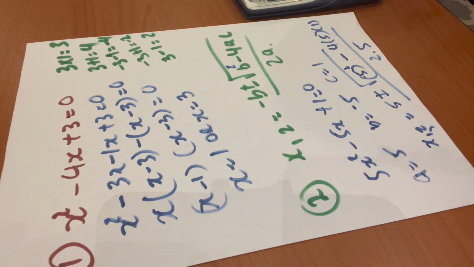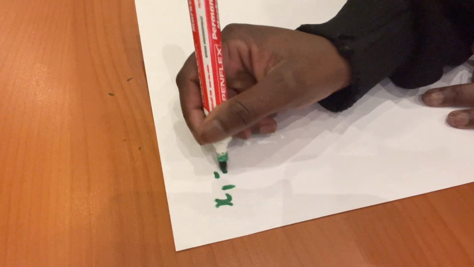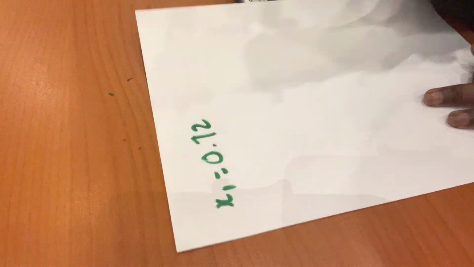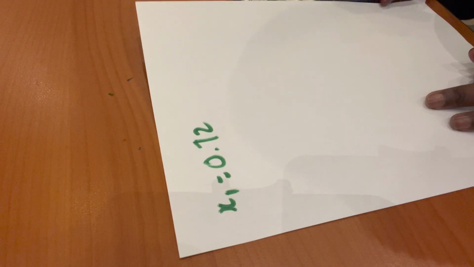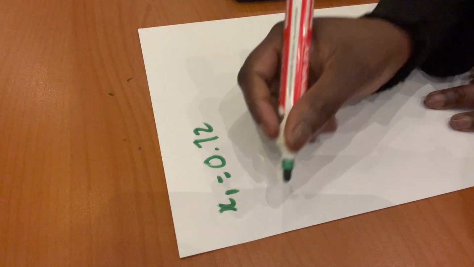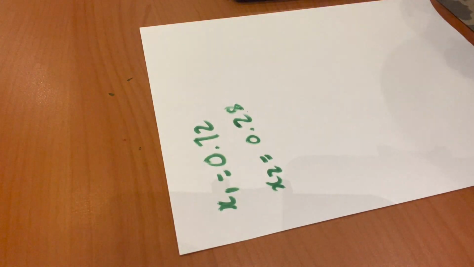I get my answer as 0.72. So x1 is equal to 0.72, and then x2 is equal to 0.28, correct to 2 decimal places.